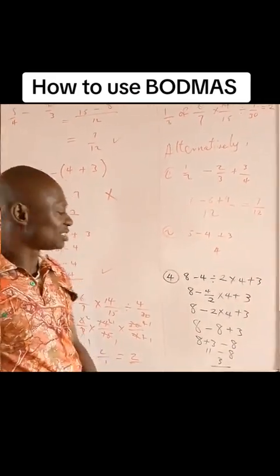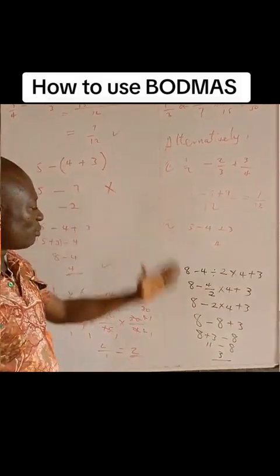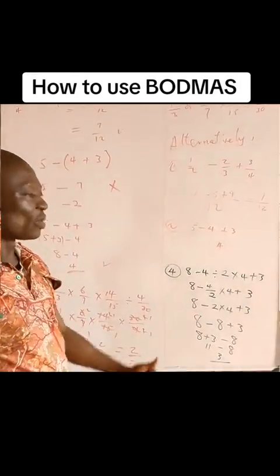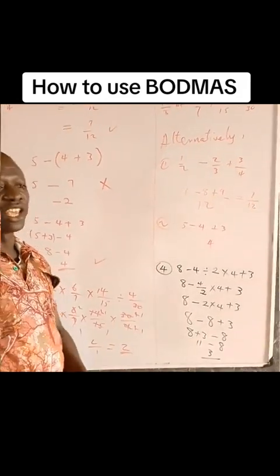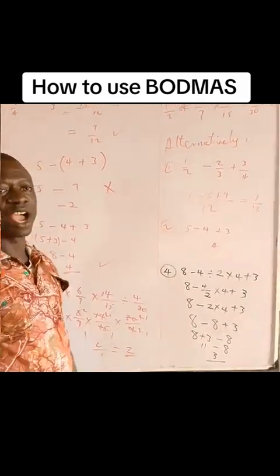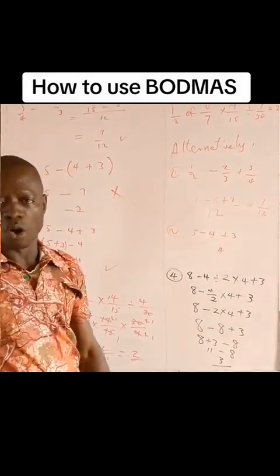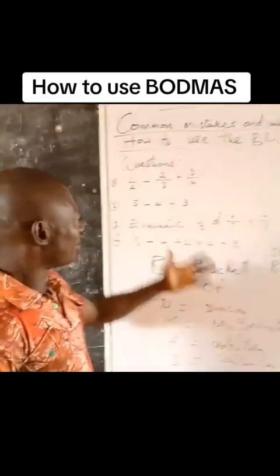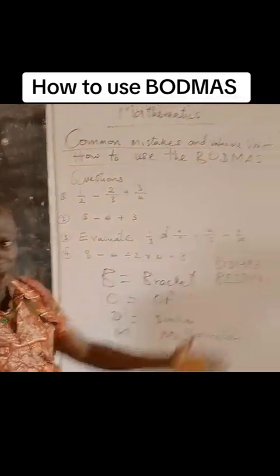Whichever one it is, endeavor to use BODMAS correctly when you have more than one sign in what you are simplifying, evaluating, or calculating. My dear viewers, I believe you have learned something from this.